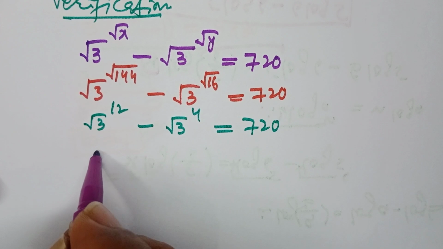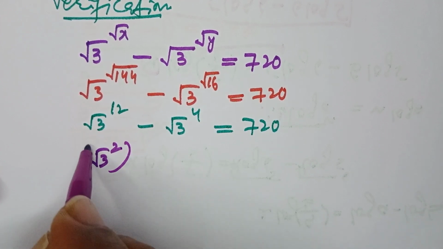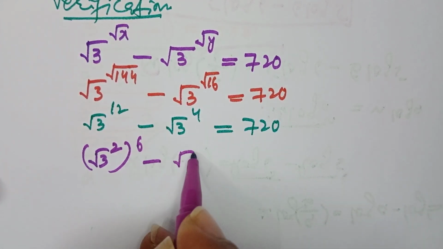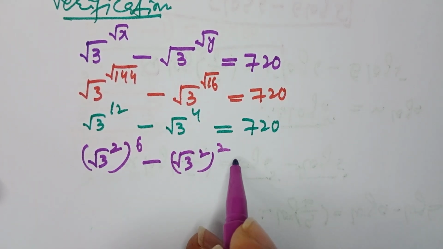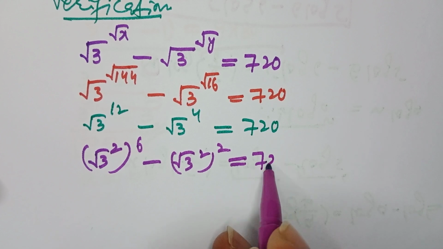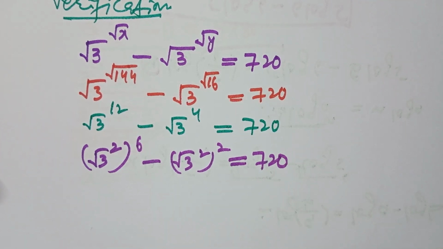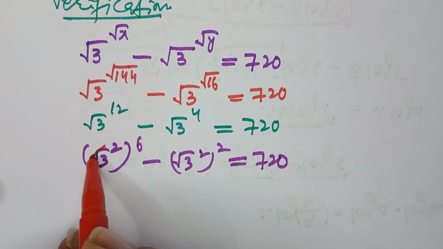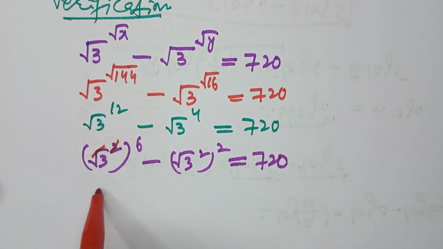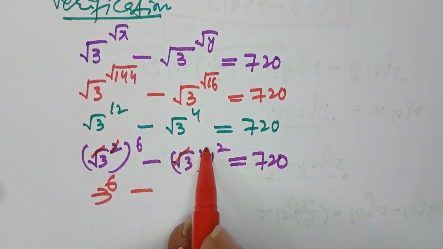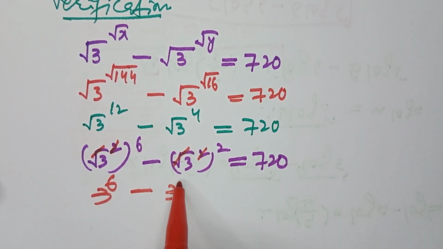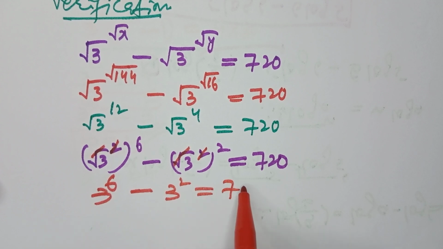Now we can write it as square root of 3 power 6 minus square root of 3 power 4 is equal to 720. Now square root cancelled with the square. Here 3 power 6 minus 3 power 2 is equal to 720.